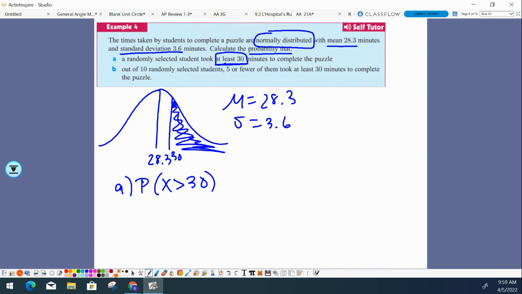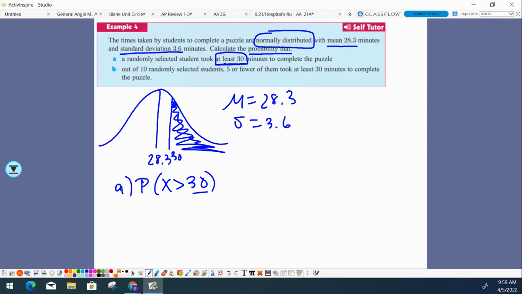So let's go to our normal distribution. Normal CDF. This is our lower, 30. And that's what the picture is really helpful to see when you sketch it out. Remember then for the upper, that's +1, EE, second comma, 99.